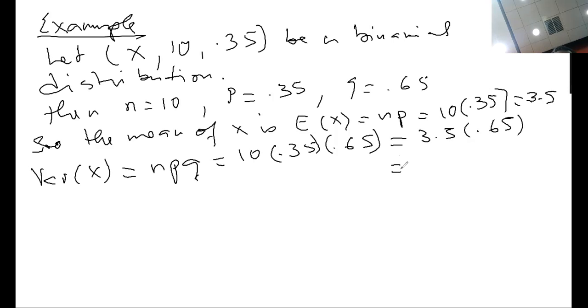Which is what? 10 times 0.35 times 0.65. And the standard deviation is the square root of 2.275.